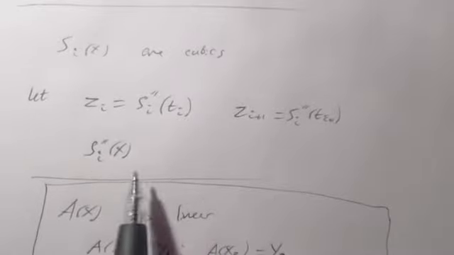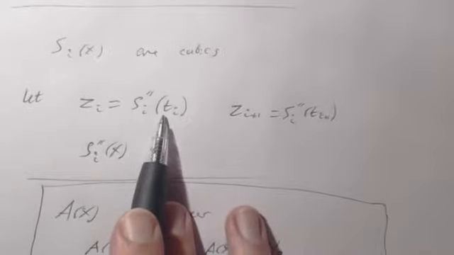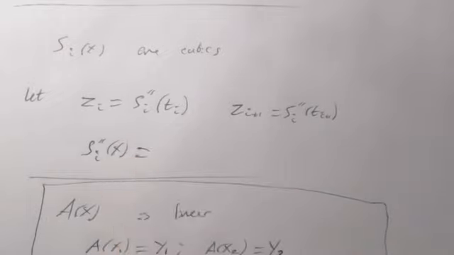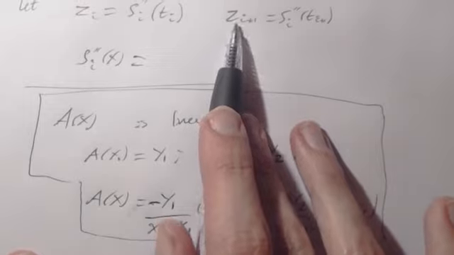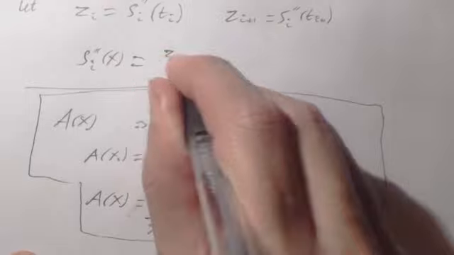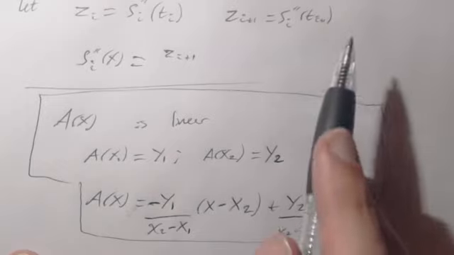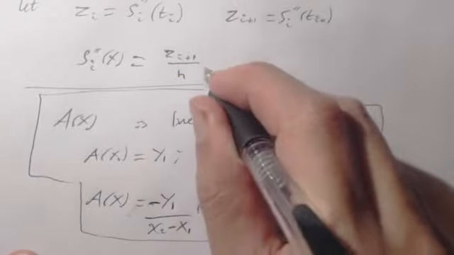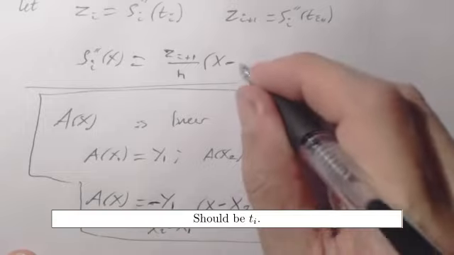We know that Si double prime is linear, and we know its value at two different points, and therefore we have Si double prime x is equal to zi plus 1, replacing the y2, over x2 minus x1, which in this case is ti plus 1 minus ti, just h over h, times x minus ti.